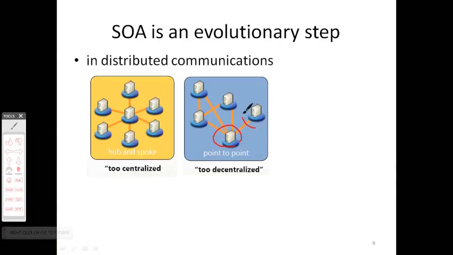Another way of doing this is to completely decentralize all our services or applications and data throughout the organization by coupling these together individually in the form of a peer-to-peer connection or point-to-point connection between two services or between two applications.